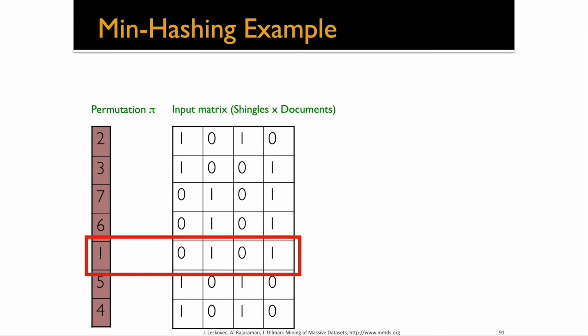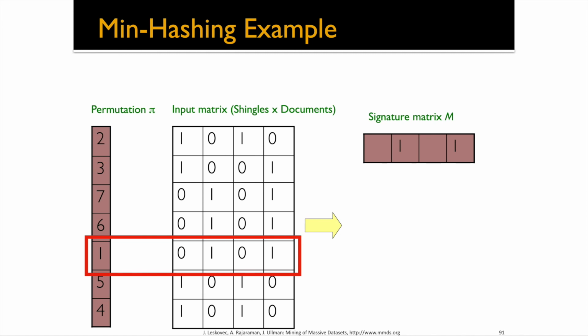This is our min function. So here, the first row in our permutation is moved down to the third to the bottom row, and we see that for columns 2 and 4, we see a 1 there. So that tells us in our signature matrix, this is where we are recording the output of these permutations, or of this min function.